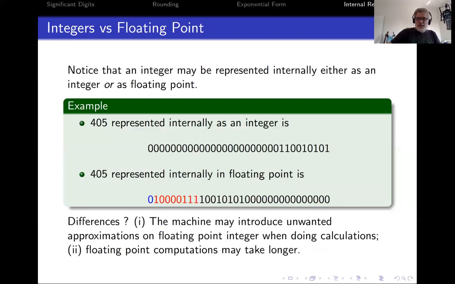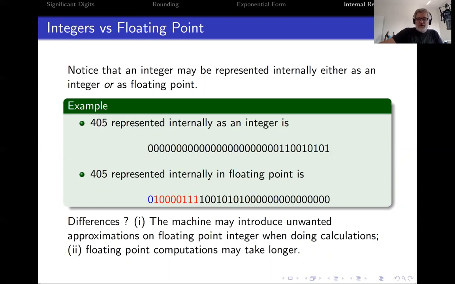Now, last slide. Comparison between the integer version and the floating point version. If I give you an integer like 405, then it's also a real number. It doesn't have a fractional part, but you could write it in floating point in the machine. So here I computed both ways of writing.